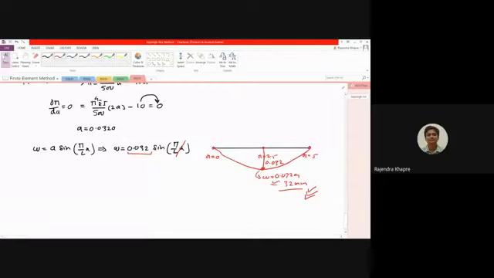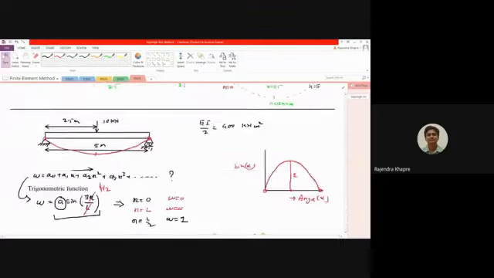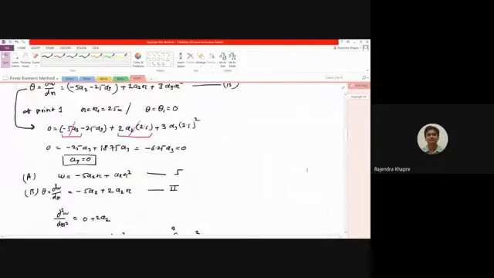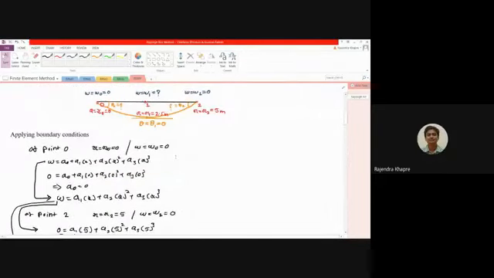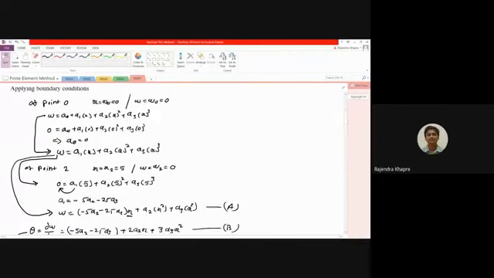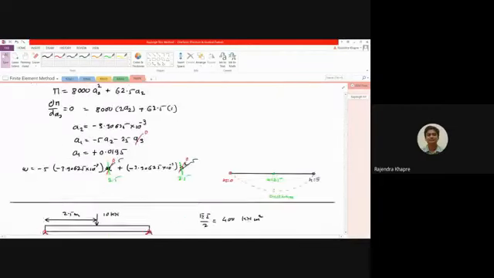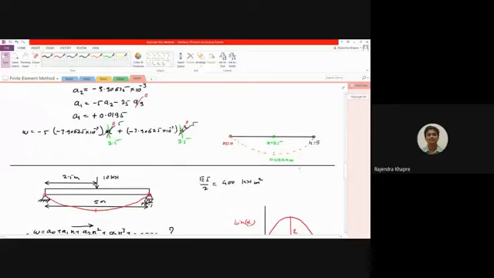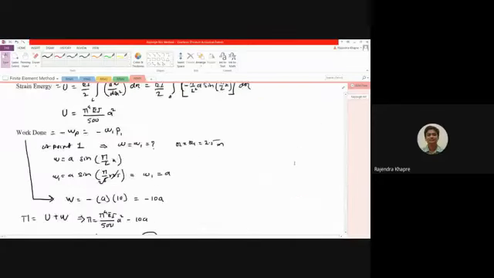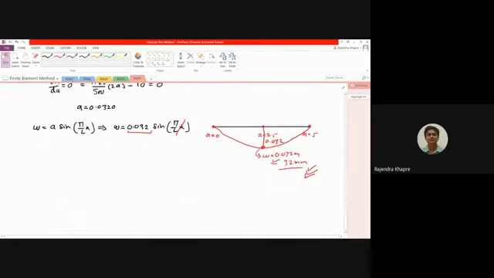In the earlier case, even though we used a third degree polynomial, because we have a3 into x to the power 3, the deformation which you are getting at the center is not correct. Ideally it should be 32 millimeters, but we are getting something like 24 millimeters.